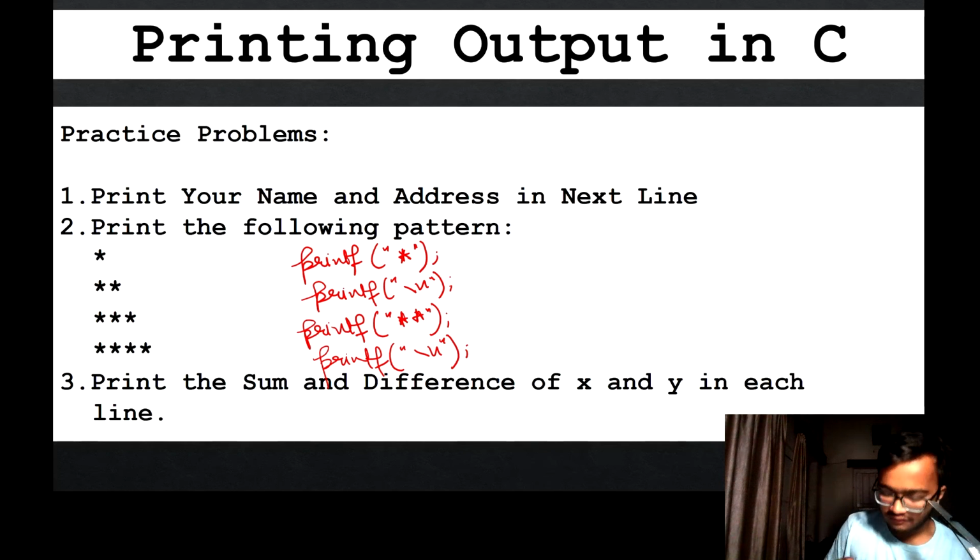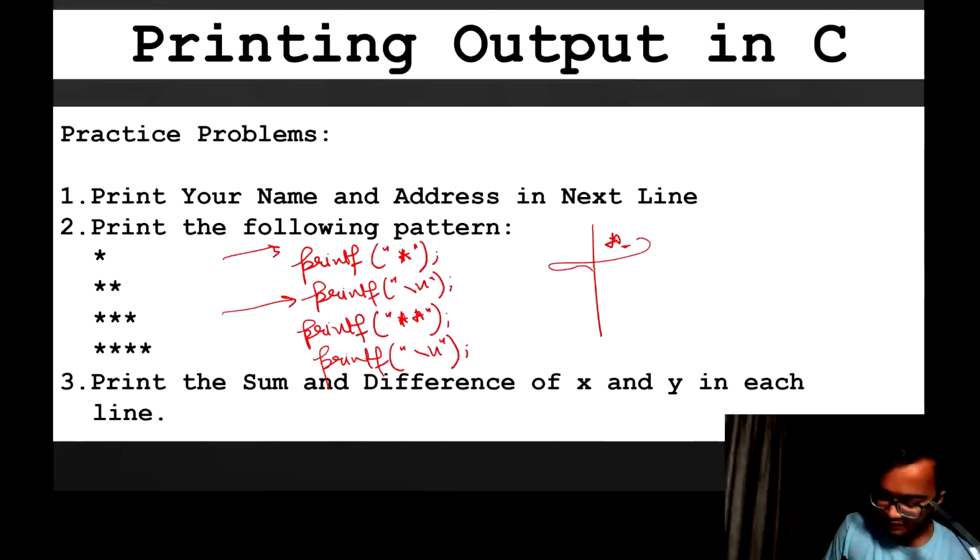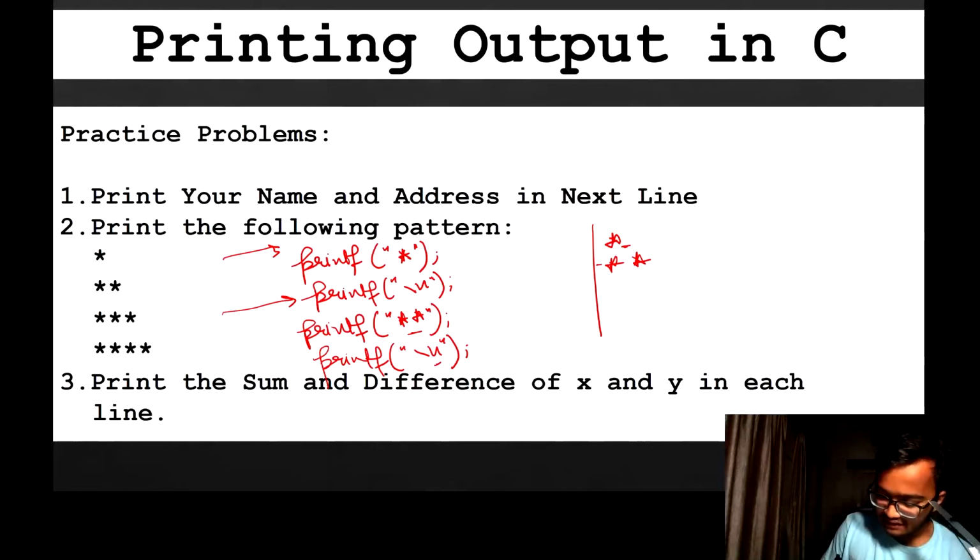But here you can see what will happen. What will the compiler execute? The compiler will first find this printf, so it will print 1 star. After that, the cursor is over here, in the first line. The compiler finds \n. What will the compiler do? It tells the cursor to move to the next line. The cursor will come over here. Then printf 2 stars, so 2 stars will print. Then again \n, again to the next line.